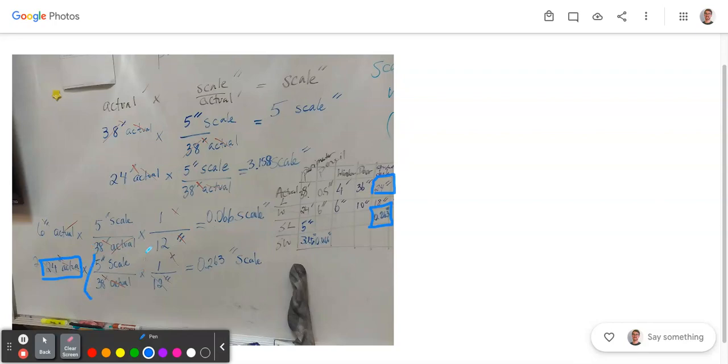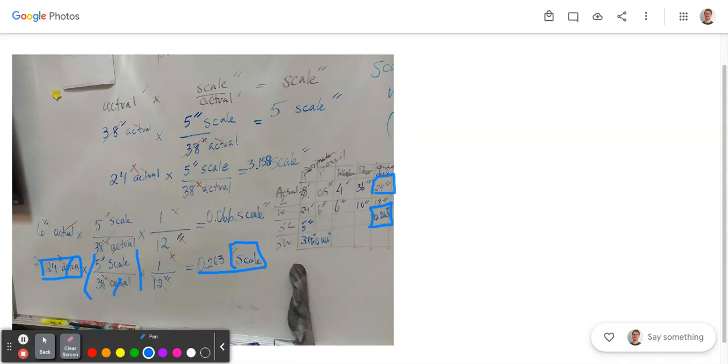We're going to multiply by our scale factor, 5 scale inches per 38 actual feet. And we want to get scale inches. We can't get it yet because look, we have inches on the top, but we don't have inches on the bottom. We can cancel actual and actual. Okay, so actual is no longer there. But we need to cancel inches on the top and bottom and feet on the top and bottom. So let's multiply by feet per inch.